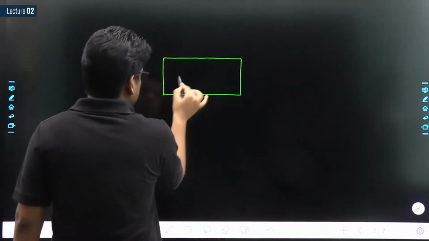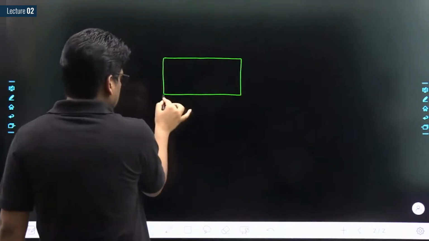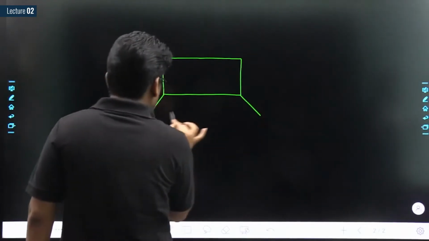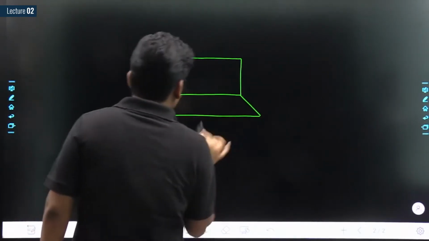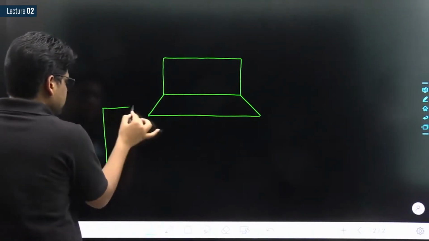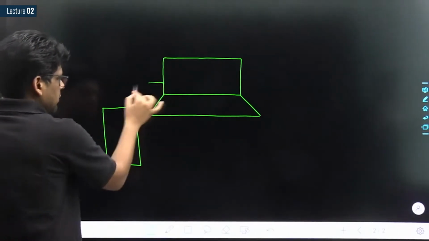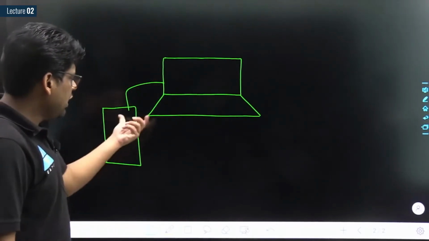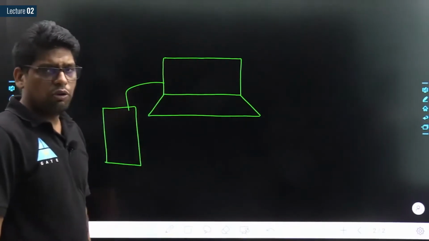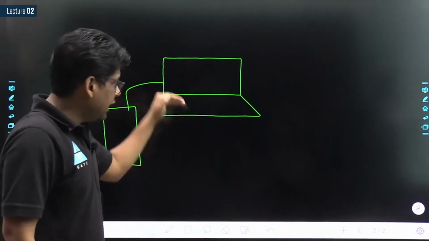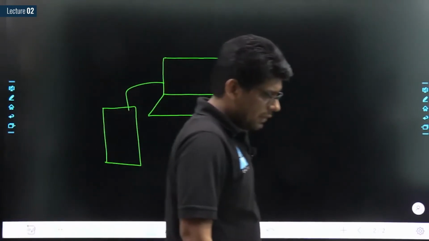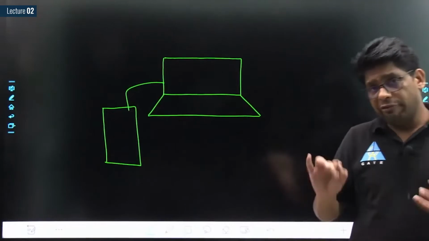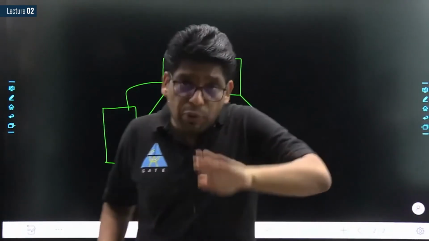This is the computer and this is the monitor. Let us suppose this is the keyboard and we have a CPU. How are we going to provide input to a program? From where will the user provide the input?